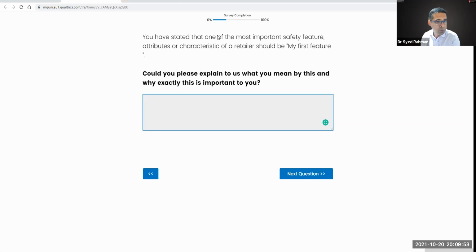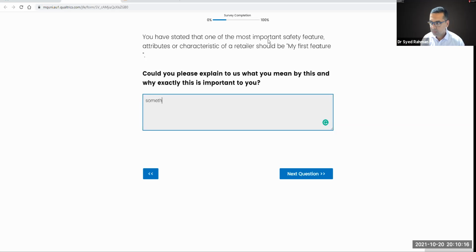It might introduce bias, so keep it fluid. Don't say this is the first or most important feature, because they will then pay more attention to writing there and not write much about the second or third one. So here you type something.